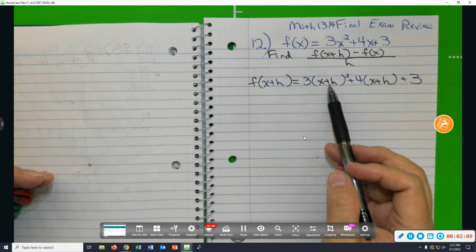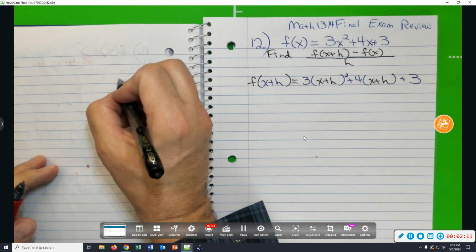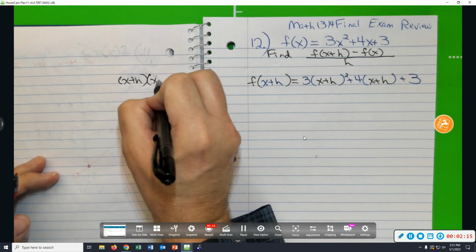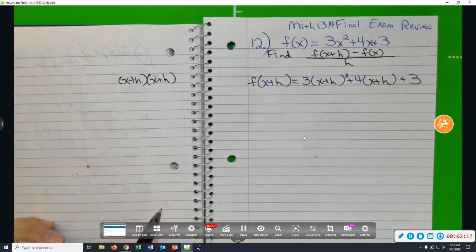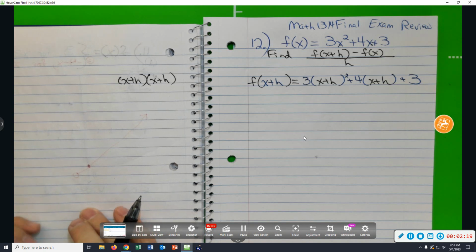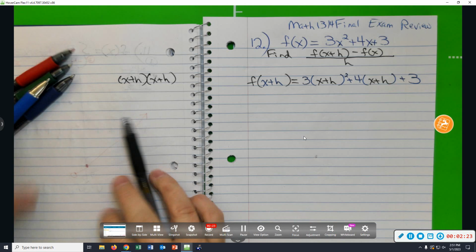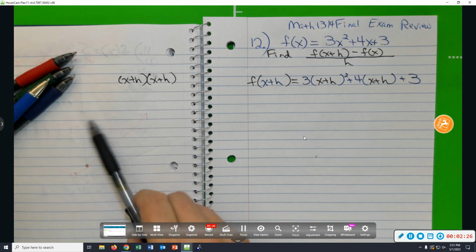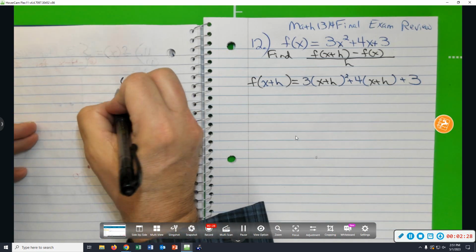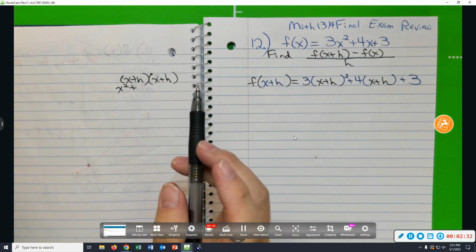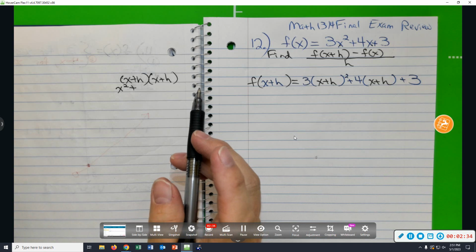Okay, we'd write it twice. That's saying you have x plus h times x plus h. So FOIL that out. X times x is x squared plus x times h is xh. I'm going to write it in alphabetical order.